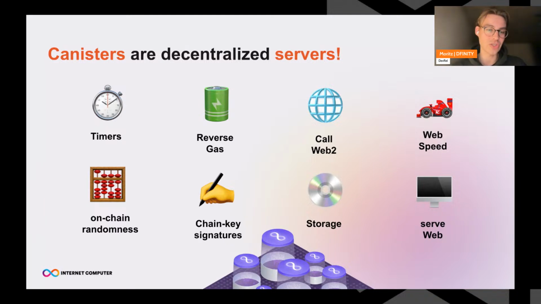Then chain key signatures. This is part of a number of features that we summarize under the term chain fusion. And chain key signatures, in very short, allow canisters to have control over unique ECDSA and Schnorr key pairs, and to also request signatures with the corresponding private keys.